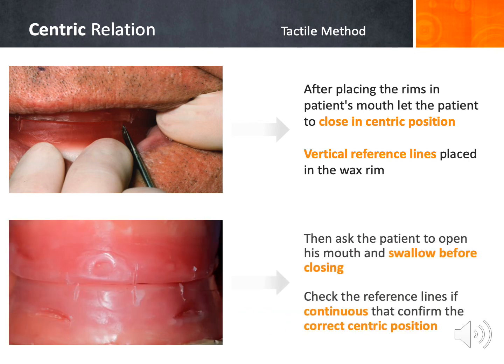Then ask the patient to open his mouth and count the numbers from 1 to 10, and then swallow and close his mouth. Check the reference lines. If they are continuous, that confirms the correct centric position, and if they are not continuous, that means it is not the correct position, and repeat the procedure from the beginning.